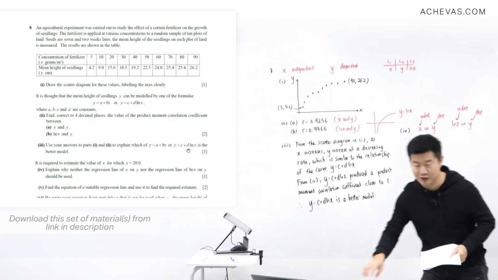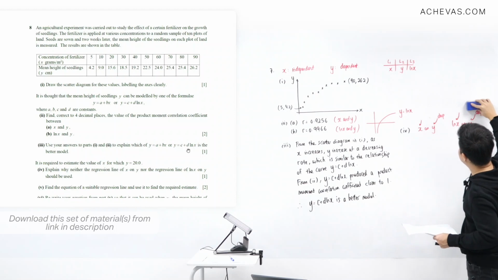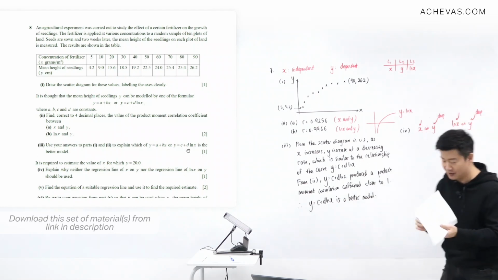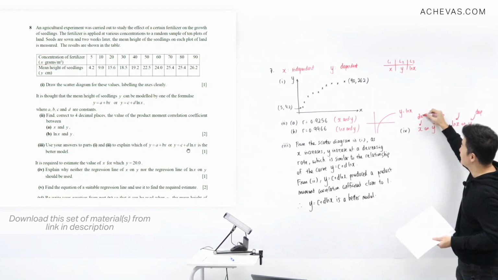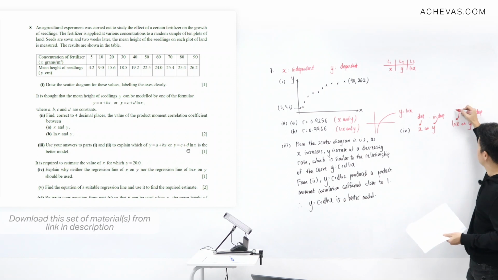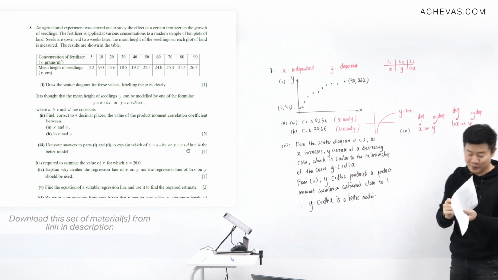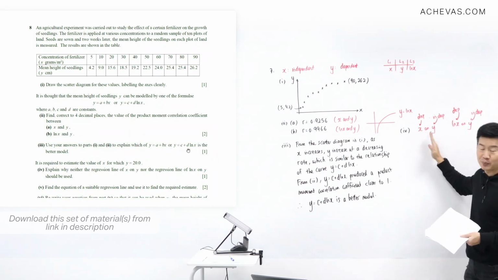Oops, I have written it wrongly. I meant to say that x is supposed to be the dependent, because x depends on y. So in this version here, x is supposed to be the dependent and y is supposed to be the independent. So we are using this to predict x for the given y.